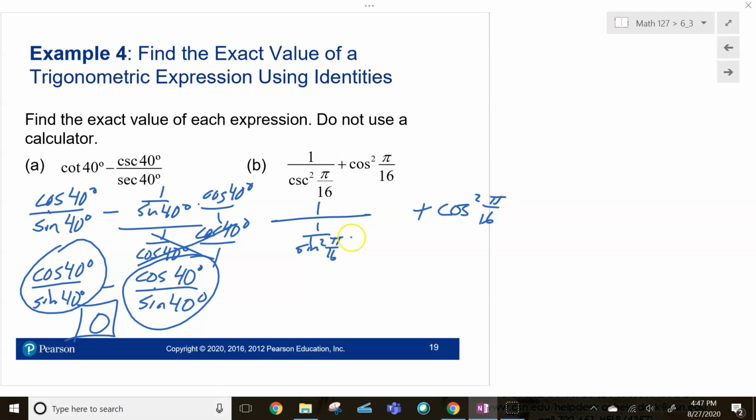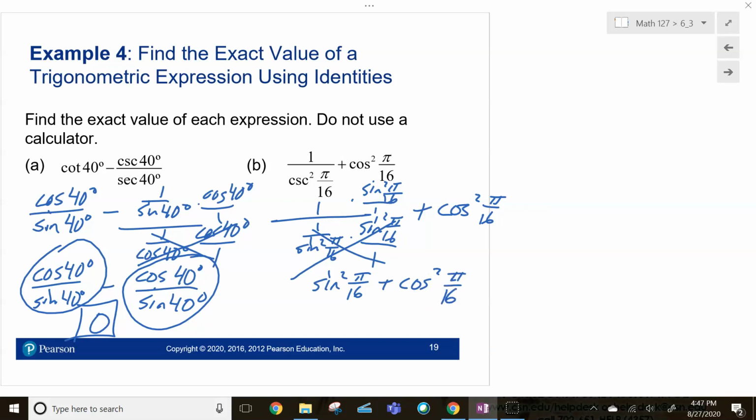So once I clean that up, when I divide by a fraction, I got keep change flip. So multiply by sine squared over top and bottom here. So I got sine squared pi 16ths plus cosine squared pi 16ths.